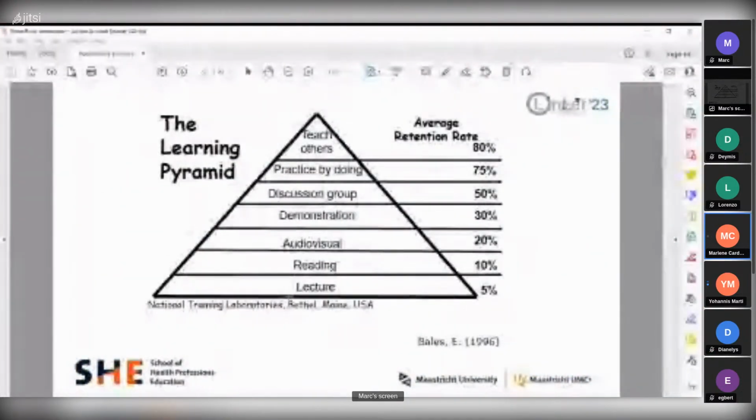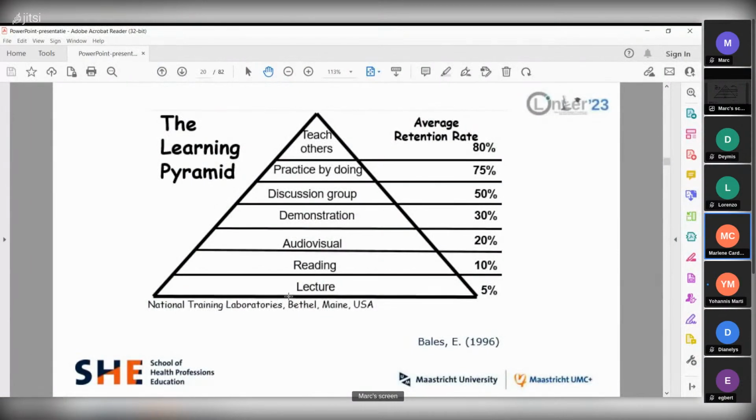So if we look at these numbers, how much we remember also depends on the way that information was offered in the first place. So you see here very neat numbers, 80%, 75%. This is way too neat for a scientific study, but it's a general tendency that's found in educational formats over the years.